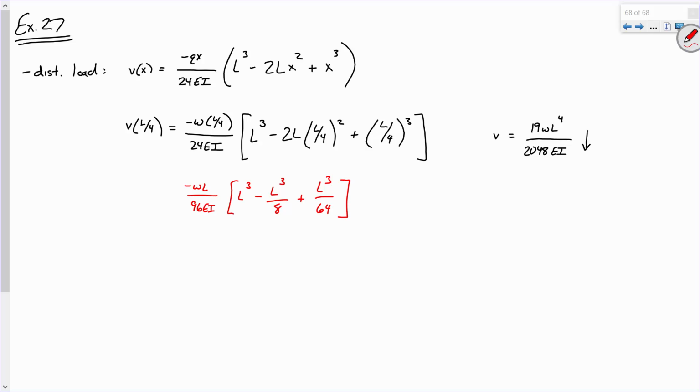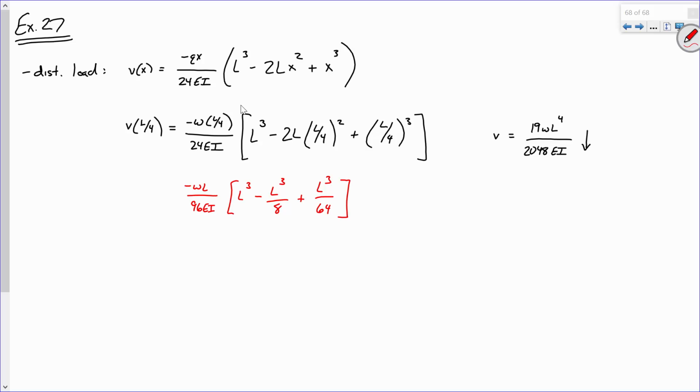Everybody see that? So you take 1 minus an 8th plus a 64th and then multiply it by 96. Your calculator can handle that.